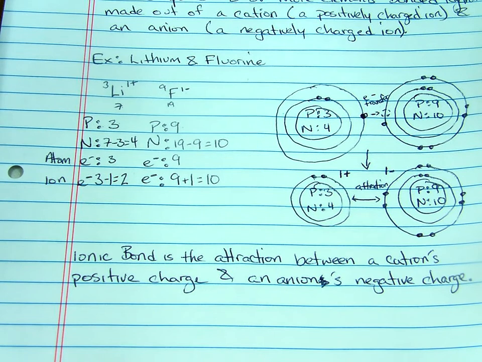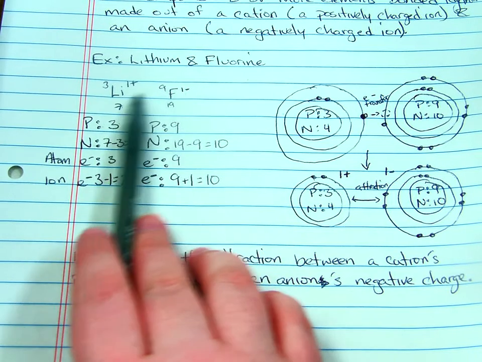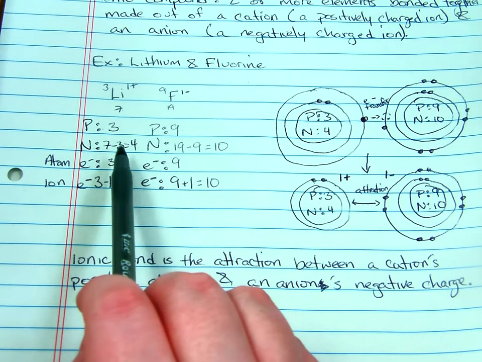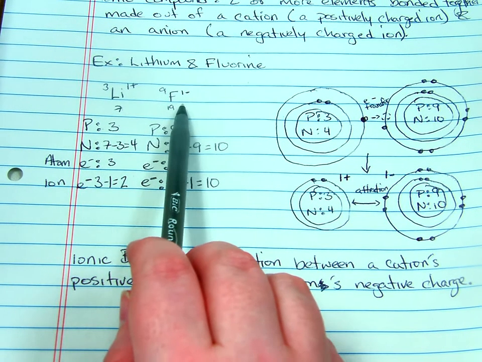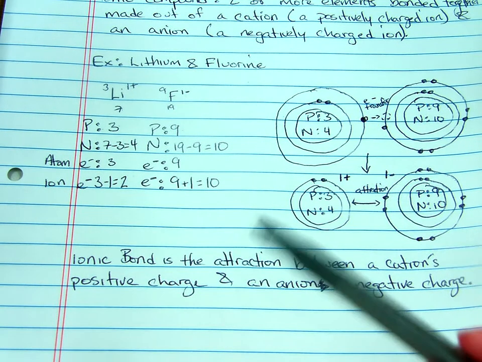So I made this example fairly simple, but what you will notice is that they don't always balance with a 1+ and a 1-. Sometimes these numbers on the charges are going to be different. You might have a 3+ and a 1-, or a 4+ and a 3-, and you have to figure out how to balance those.